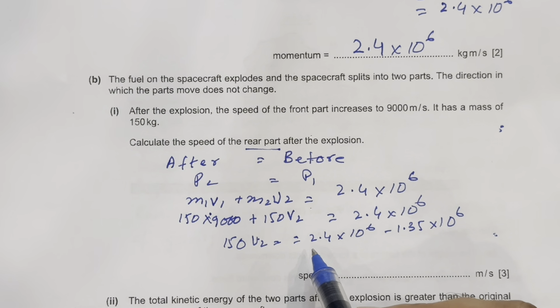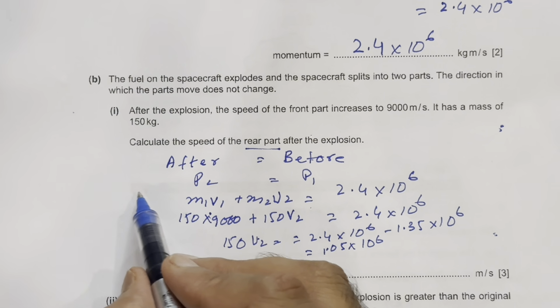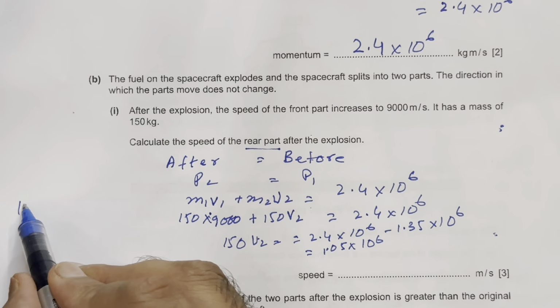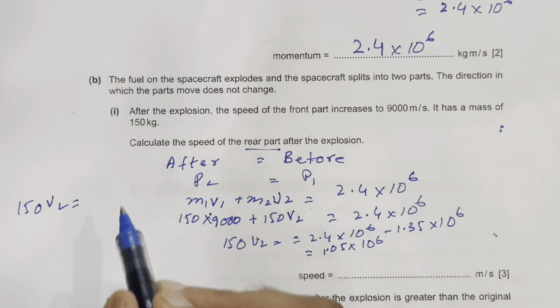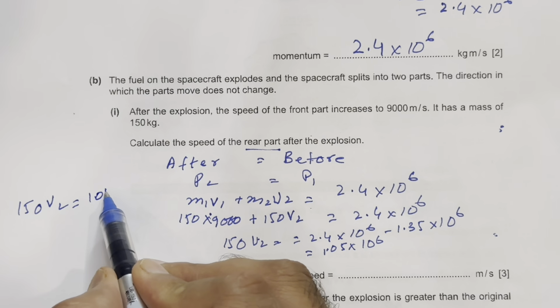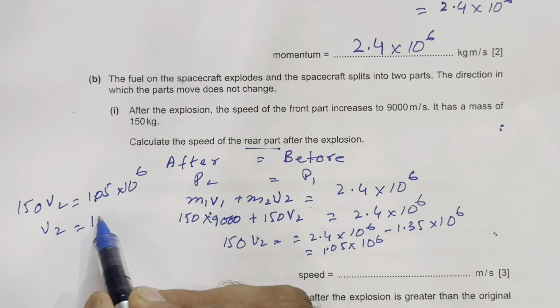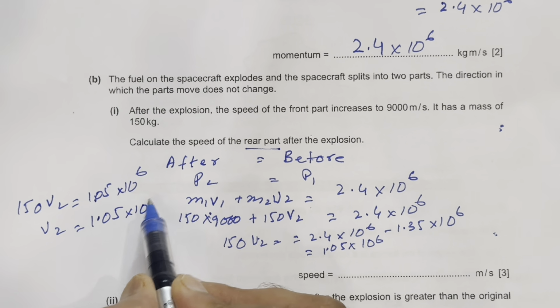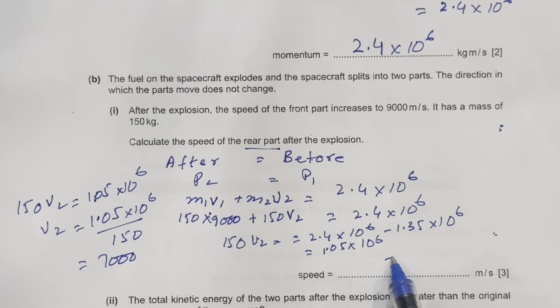After solving it, the answer would be 1.05 into 10 raised to power 6. Now 150 V2 is equal to 1.05 into 10 raised to power 6. We're gonna divide 1.05 into 10 raised to power 6 by 150. The answer is 7,000. So our answer would be 7,000 meter per second.